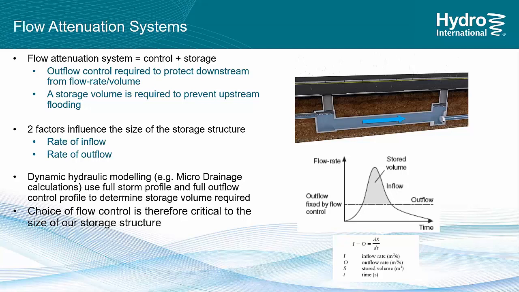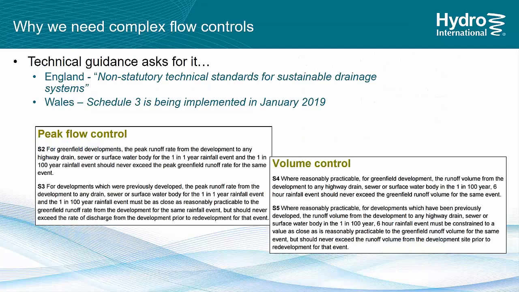So complex flow controls have been talked about for a number of years now and started coming through the non-statutory technical standards for England and Wales a number of years ago. These are still non-statutory for England, and as Wales are implementing Schedule 3 as of January next year. But this talks around two areas of controlling the peak flow rate that's coming off of your system, specifically for the 1 in 100 and for the 1 in 1 year flow rate.